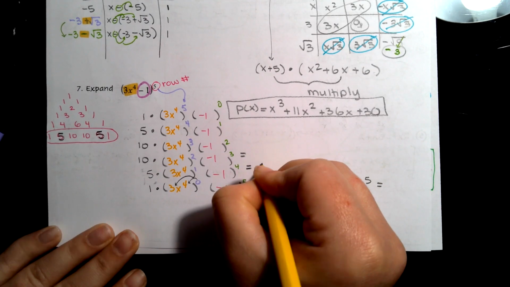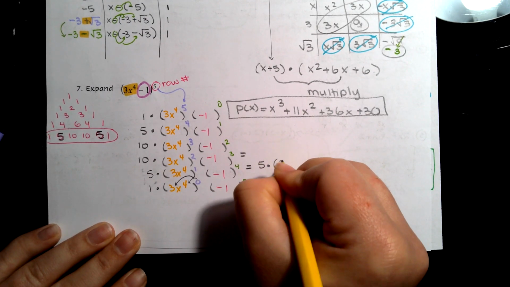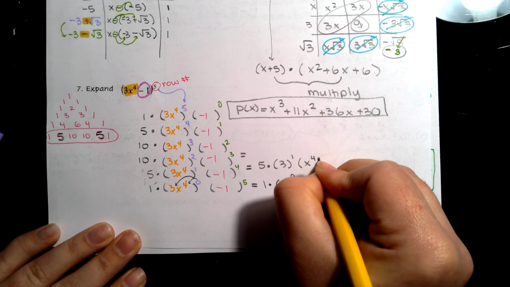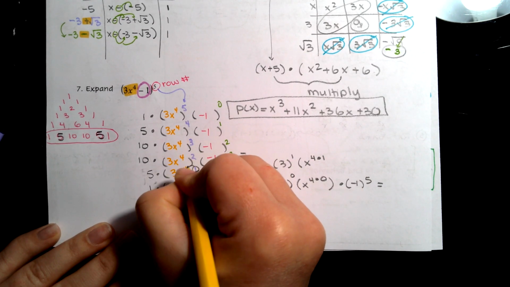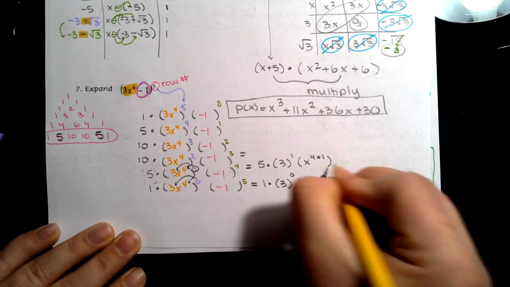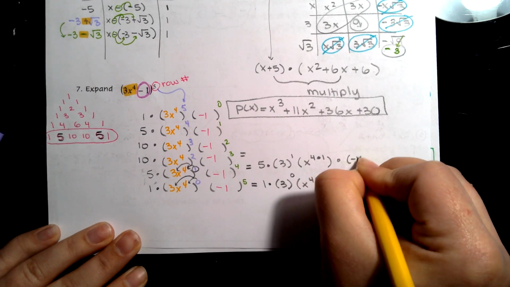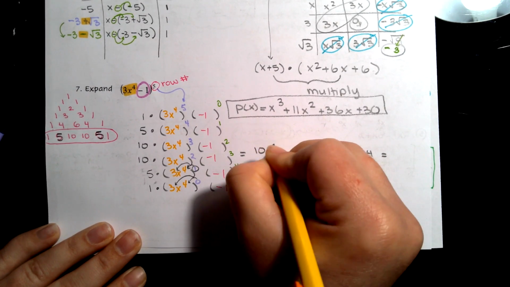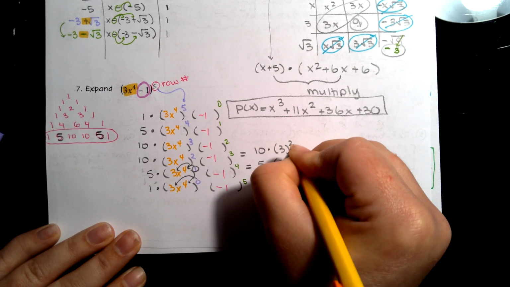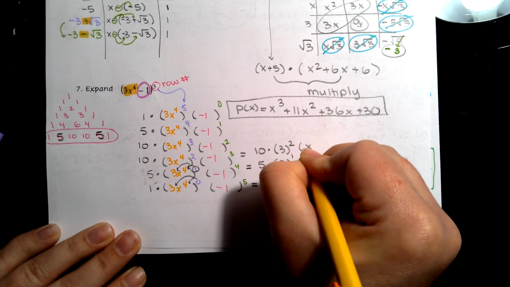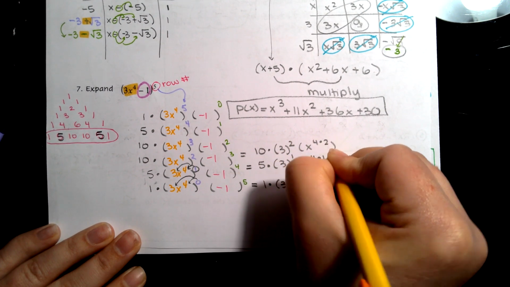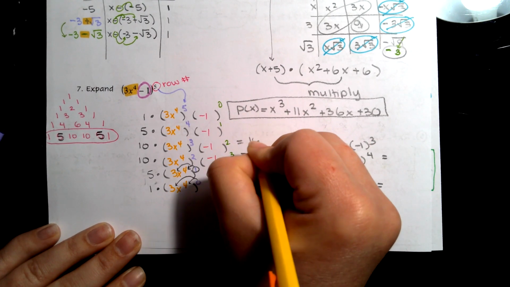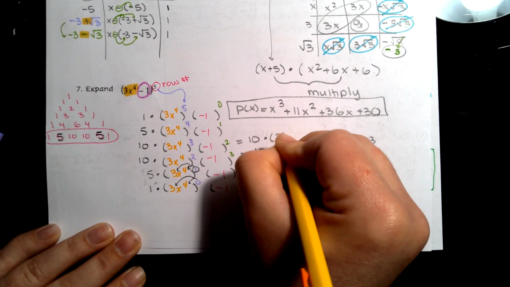I'm going to expand this one more time. 5 times 3 to the first power, x to the fourth power times 1. So 1 goes on 4, 1 goes on 3. And again, expanding that one more time. 10 times 3 to the second power, x 4 times 2, -1 cubed. 10, 3 to the third power.